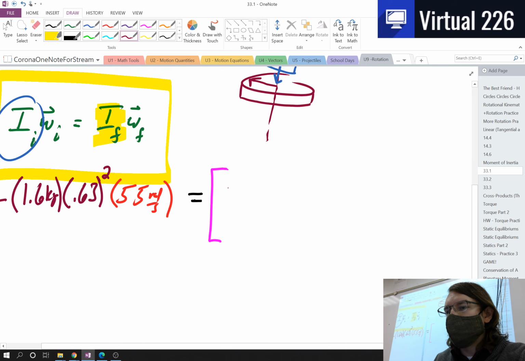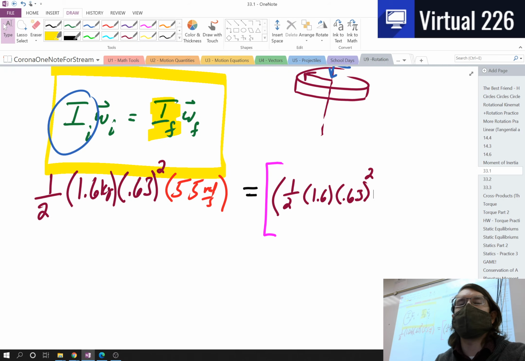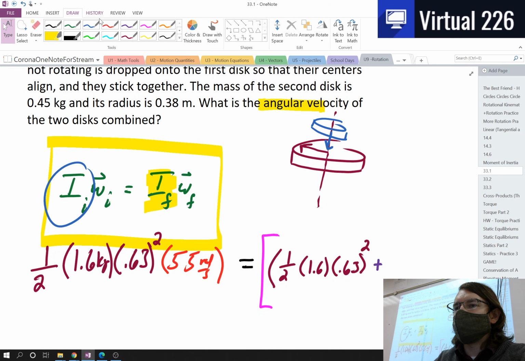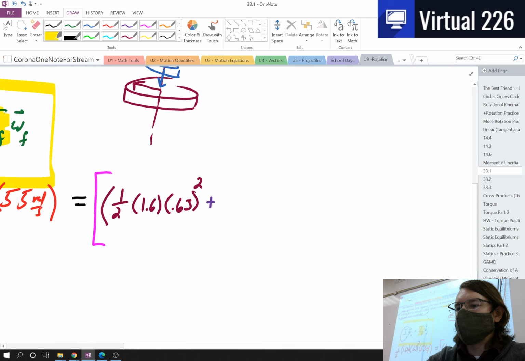The first moment of inertia is 1/2 times 1.6 times 0.63 squared. That's the same thing we had on the left side. But we need to add to that the moment of inertia of the second disk, which had a mass of 0.45 kilograms and a radius of 0.38.